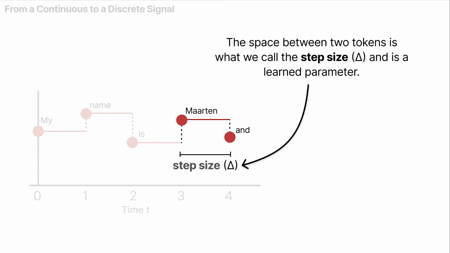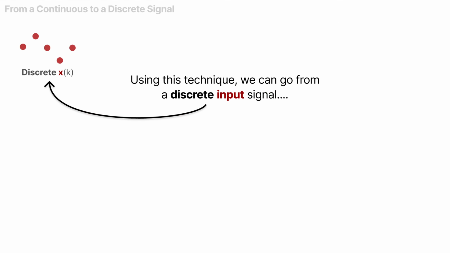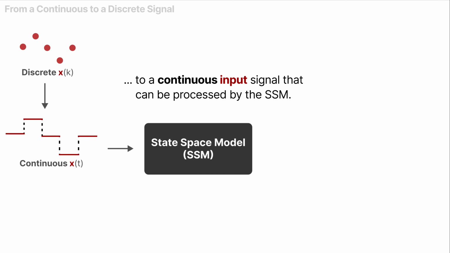The space between two tokens is what we call the step size and is a learned parameter. This process discretizes matrices A and B using the learned step size. Using this technique, we can go from a discrete input signal to a continuous input signal that can be processed by the SSM.